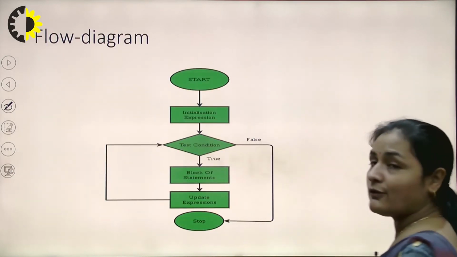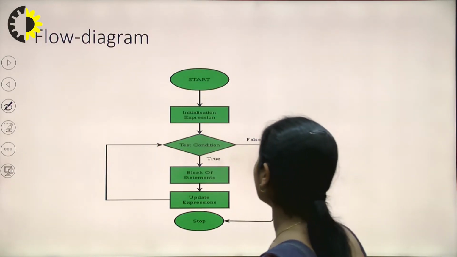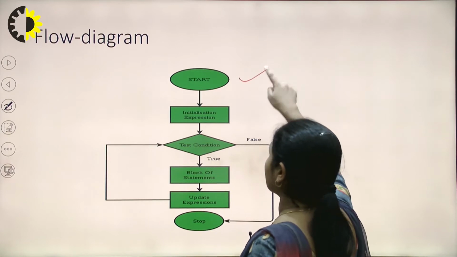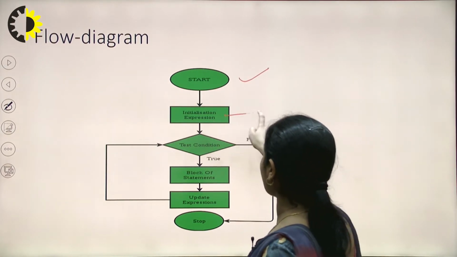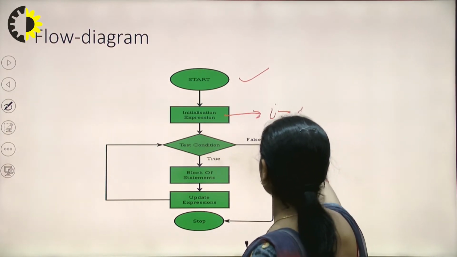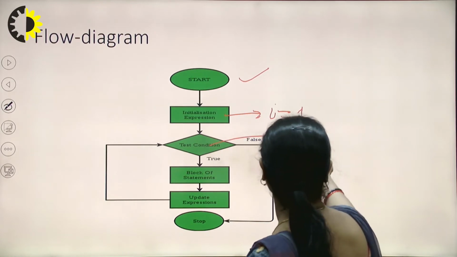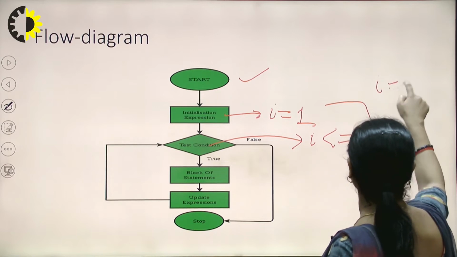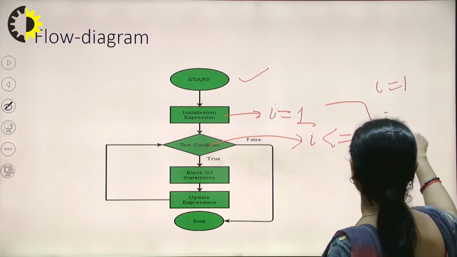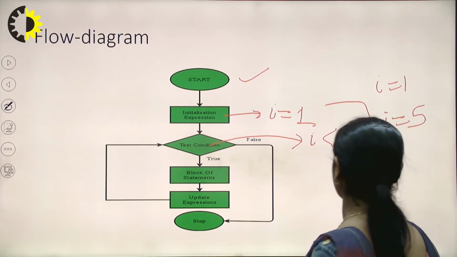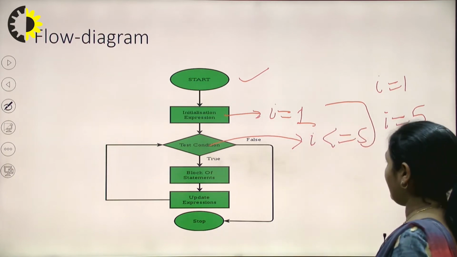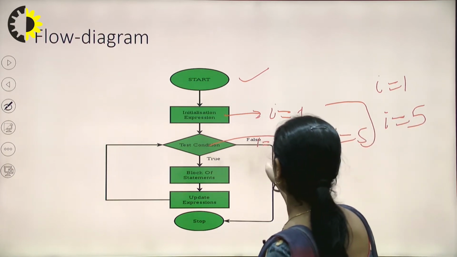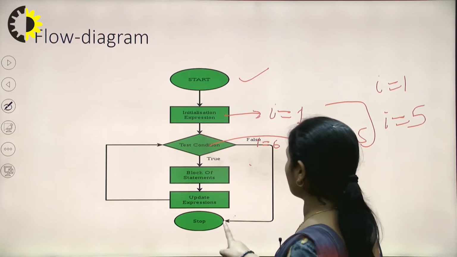So this is the flow diagram of for loop. Start with the start statement, then the initialization expression, for example i equal to 1, then we check the condition i is less than or equal to 5. So the loop will execute from i equal to 1 to i equal to 5. When the value of i becomes 6, the loop will stop.